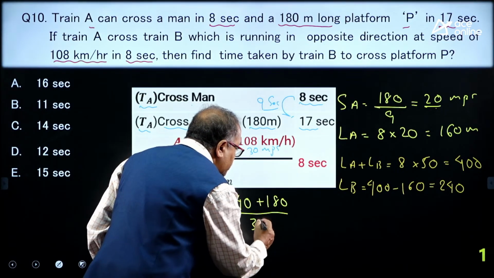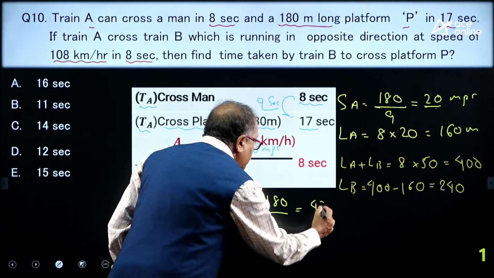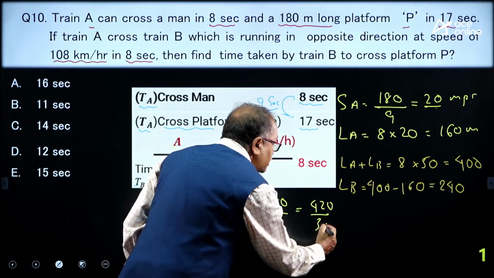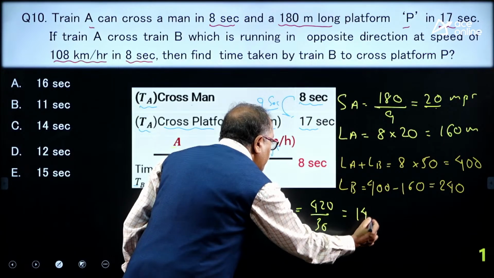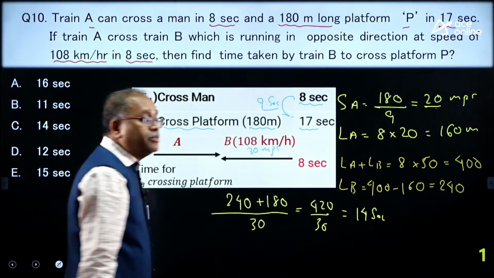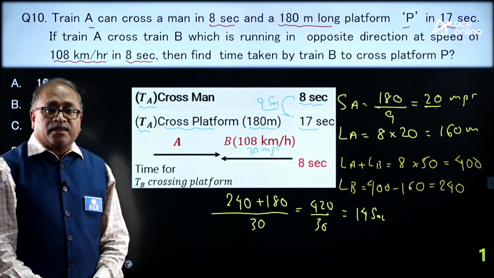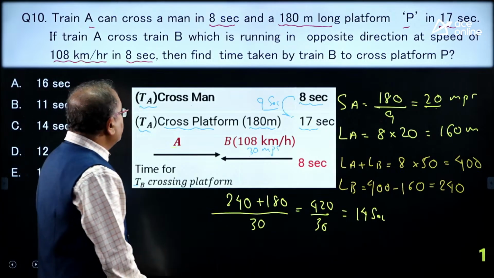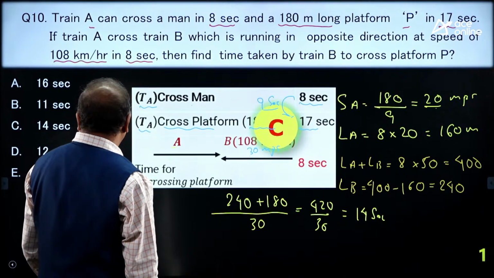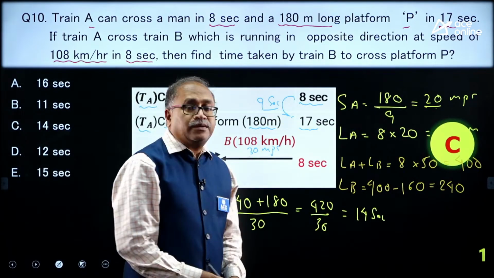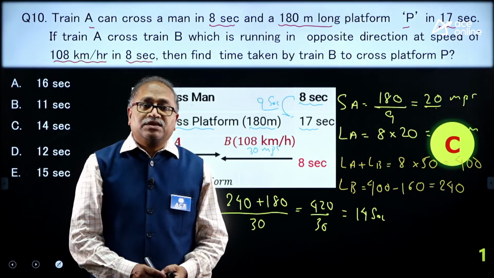So, divide this by 30, you are getting 420 divided by 30, which is nothing but 14 seconds the time that will be taken. Hope, my dear friends, the 14 seconds is there, that is option choice C. That is the best way to answer the question.